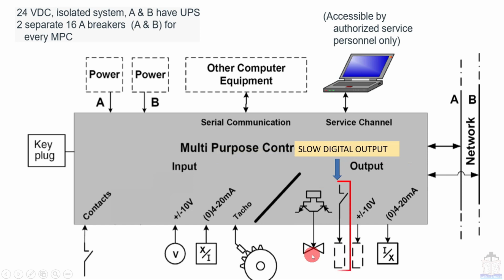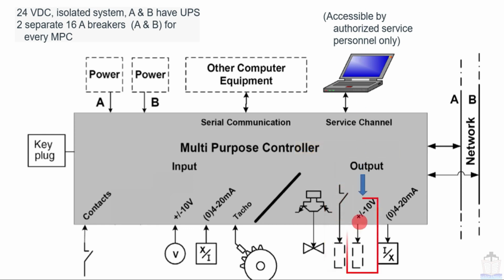Now moving to our next output, called the slow digital output, which can be understood by seeing this symbol. It is for switching on and off things like the HPS pump, auxiliary blower, etc. Those channels will be denoted by this slow digital output.